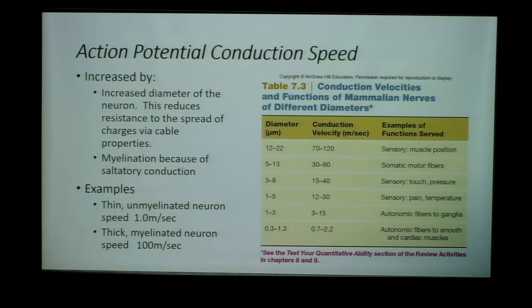Whereas other neurons of the autonomic nervous system, of cardiac muscle, are not as heavily myelinated. And that makes sense. We don't need faster conduction velocities for those functions. Those are unconscious functions most of the time, blood pressure regulation, things that we're not actively trying to control. And so we don't need faster conduction velocities for these types of fibers.